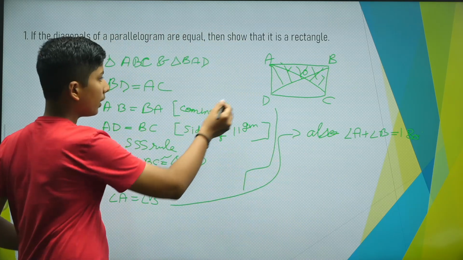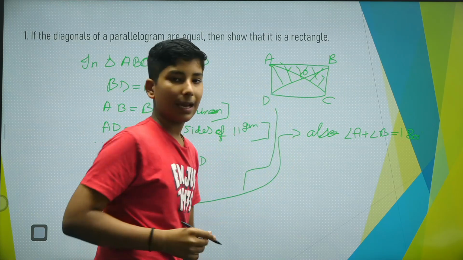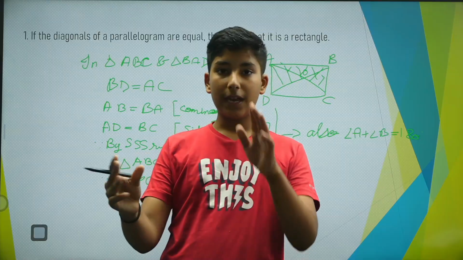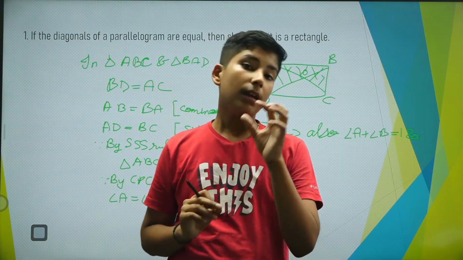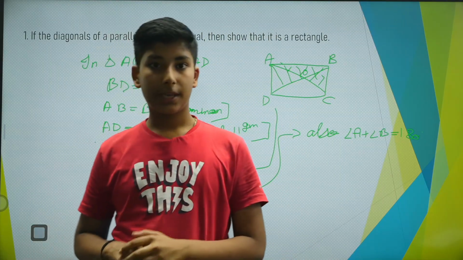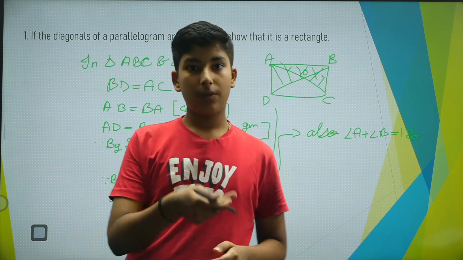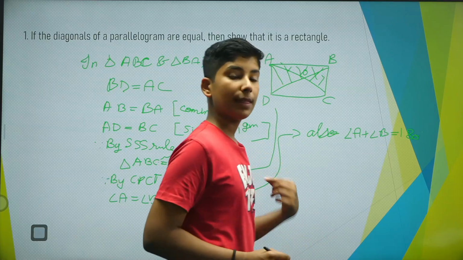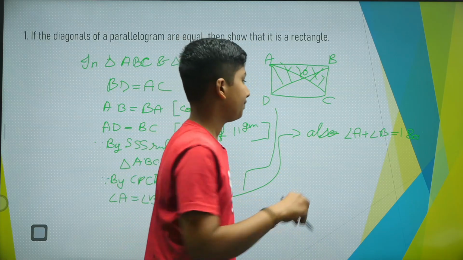Why? Because these are co-interior angles. As we all know, in a parallelogram, if we add the adjacent angles, the sum will always be 180 degrees. I have already told you in the previous video of this chapter.